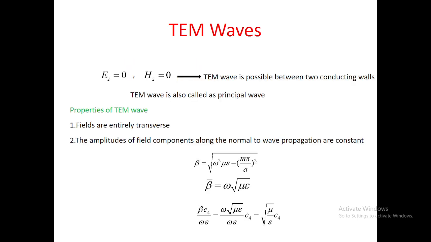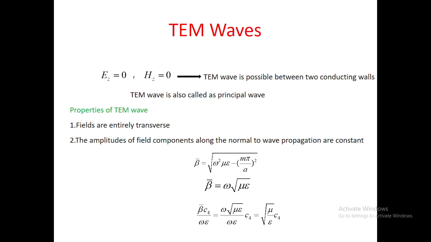The TEM wave is also called the principal wave. What are the properties of the TEM wave? The fields are entirely transverse, so the amplitudes of field components normal to wave propagation are constant.